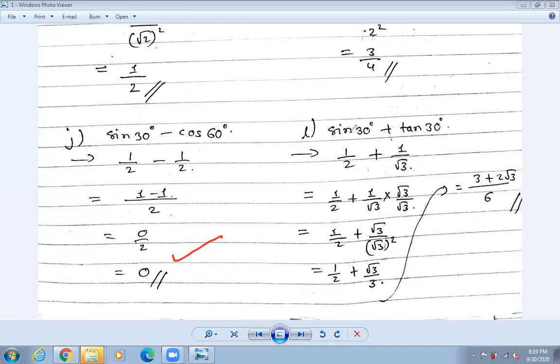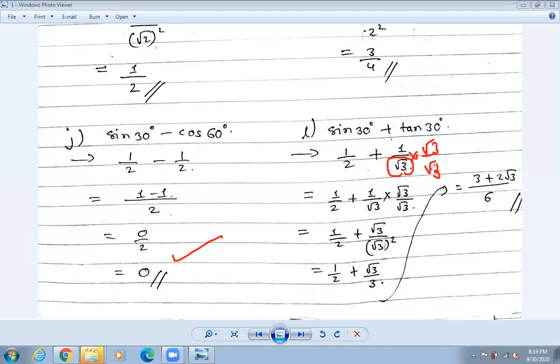Similarly, sin 30 means 1/2, tan 30 means 1/√3. There is a root in the denominator, so we need to rationalize it, because the denominator should not have a root. To remove the root, we multiply with this number, both above and below.